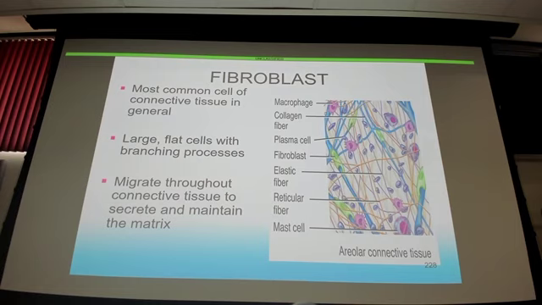I'll say it each time, but you don't have to label this picture. It's not going to be a study picture. It's just an example to show you these green-looking, they're not really green, fibroblasts. They are secreting all of these different fibers depending on the connective tissue type. They migrate through the extracellular matrix, maintain the matrix, and secrete the fibers for that tissue. That's why they're called fibroblasts.